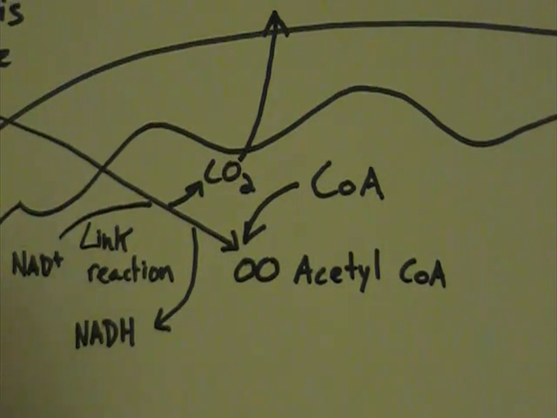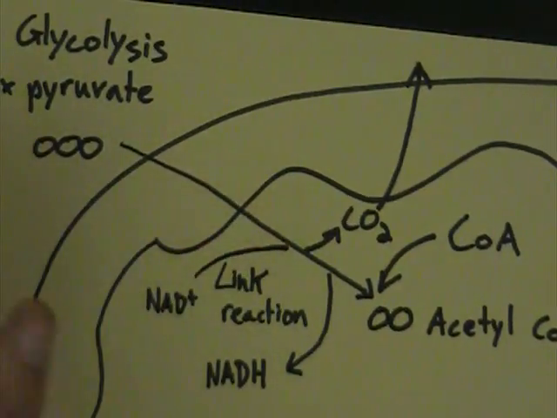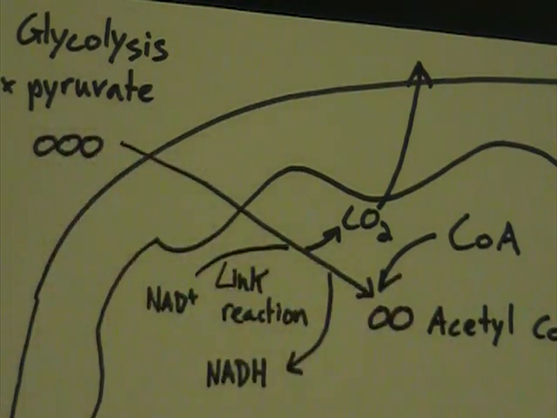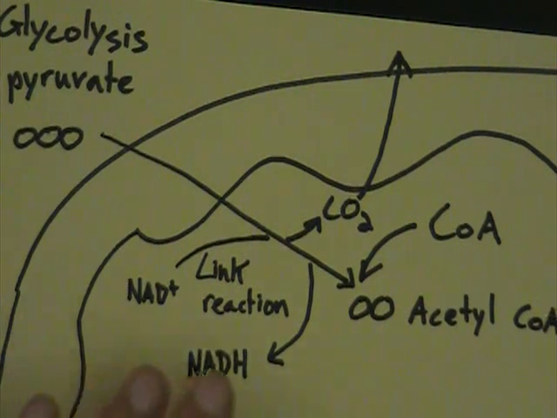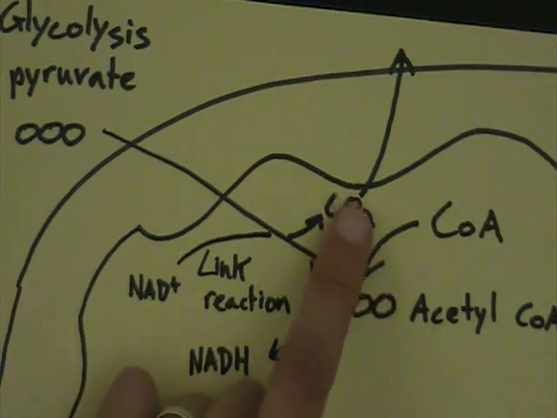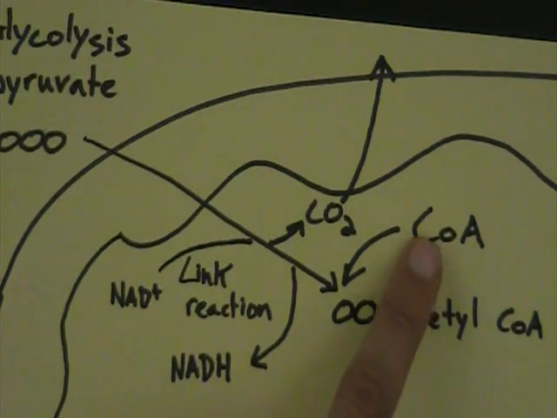So our 3 carbon pyruvate was converted into acetyl CoA. Everything after this point, I want you to assume happens twice per molecule of glucose. So we have 2 link reactions, releasing 2 molecules of carbon dioxide, producing 2 NADH, requiring 2 CoAs.